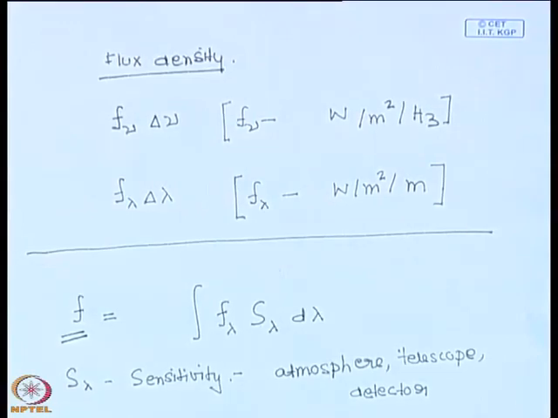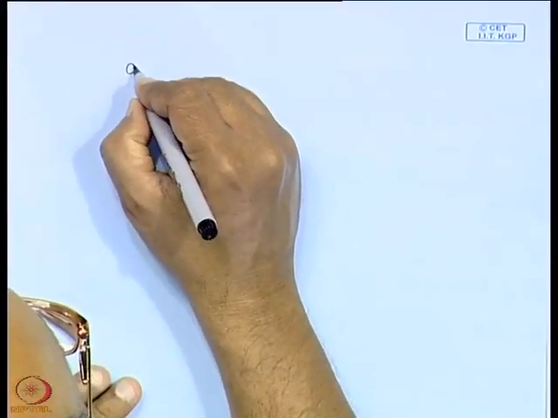Right. Now in astronomy it is standard procedure, particularly in optical astronomy, to quantify the flux, the brightness of an object, using units which are referred to as apparent magnitudes.